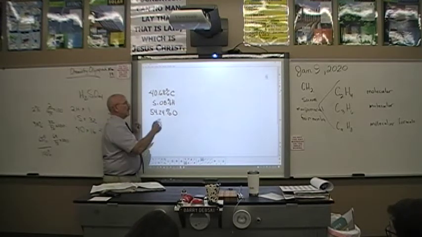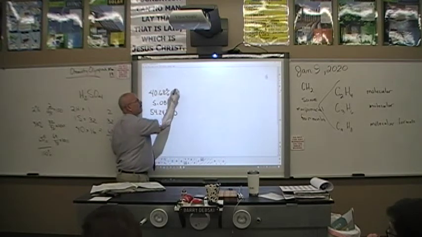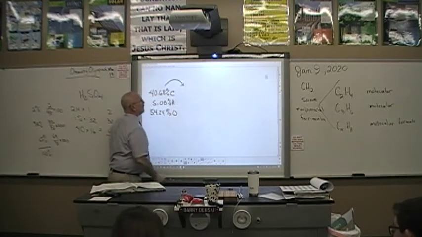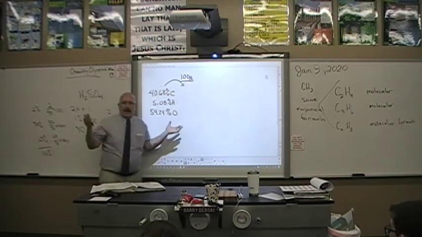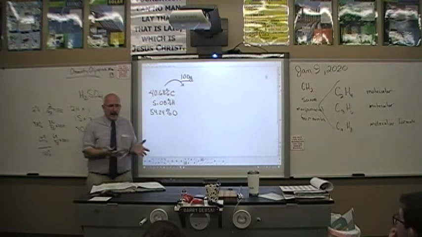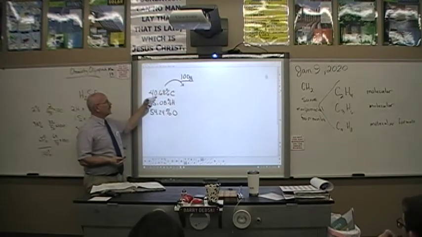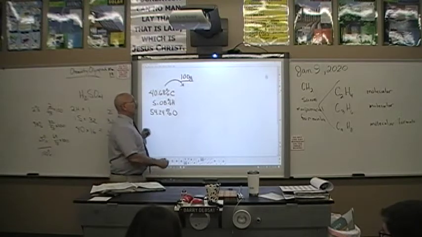Here's the first step. Now this was not on the previous problem because we started with grams on the previous problem. The first step is to change this into grams. If I assume a 100-gram sample, which is fine, it doesn't tell me how much I have, it just tells me the percentages. Then everybody tell me, what's 40.68% of 100? 40.68, okay?